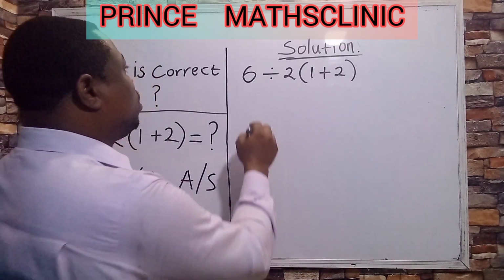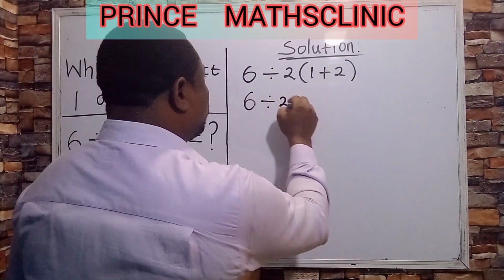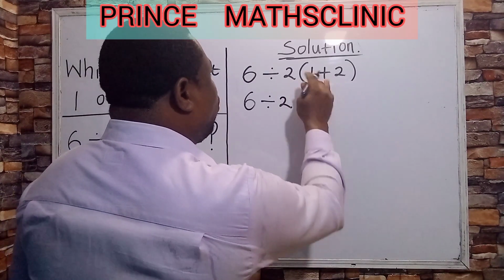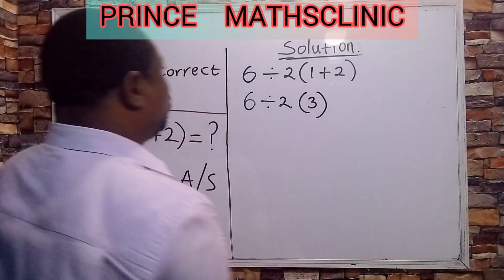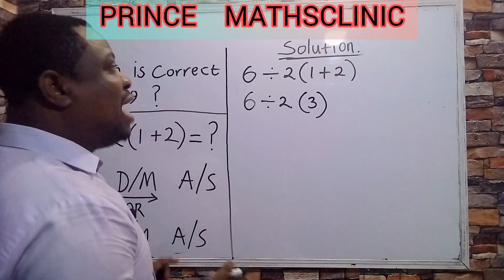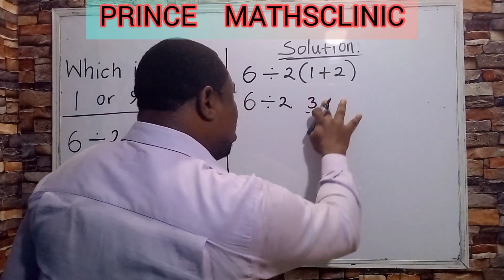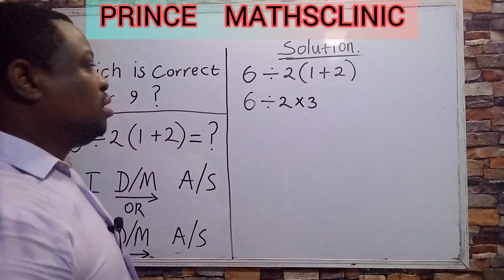Now, the first way is to say 6 divided by 2. Right? Then what is 1 plus 2? 1 plus 2 is what? 3. So I'm done with what is in the bracket, right? And what does this bracket simply mean? Bracket simply means multiplication. So this is 2 times 3.